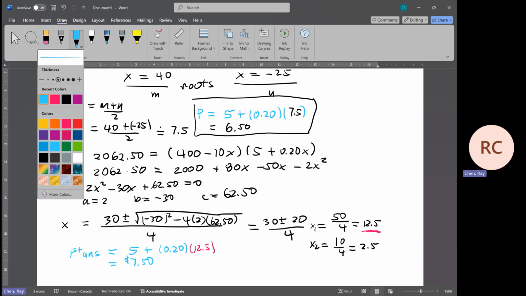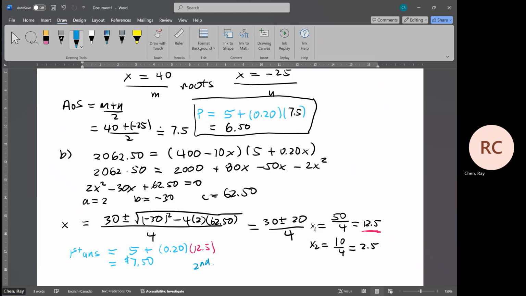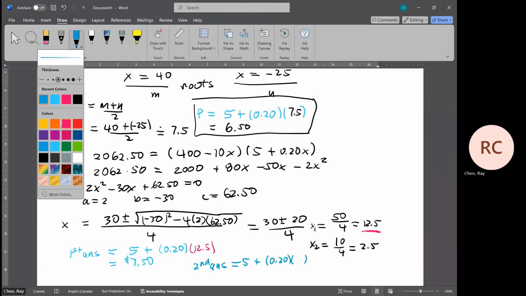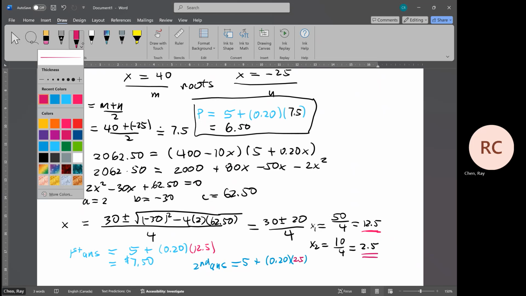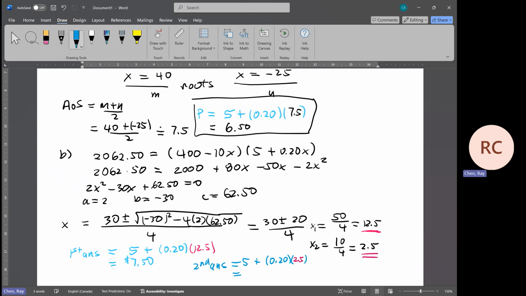For the second answer, and I'll use different blue, 5 plus 0.20, and our different answer, we'll use this one, 2.5. And what do we get?